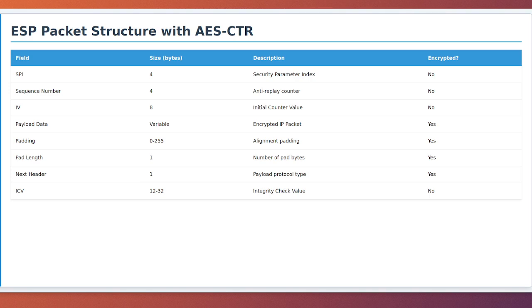Finally, we have the integrity check value, or ICV, which provides authentication for the entire ESP packet, minus the ICV itself. This is crucial because CTR mode by itself only provides confidentiality, not integrity. The ICV is typically generated using HMAC-SHA-256 or AES-GMAC, ensuring that any tampering with the packet will be detected.